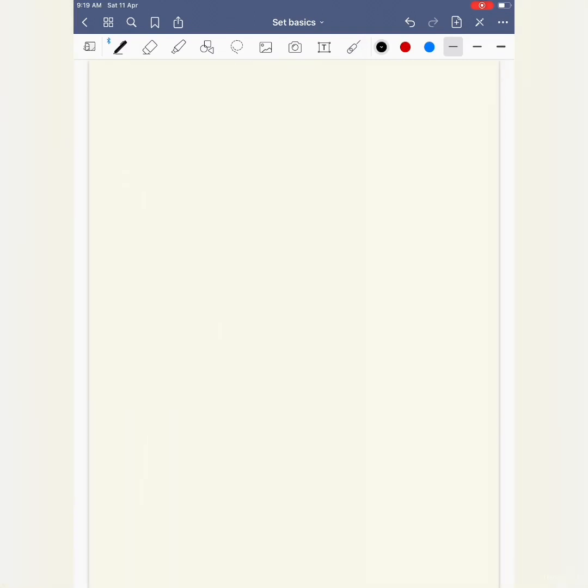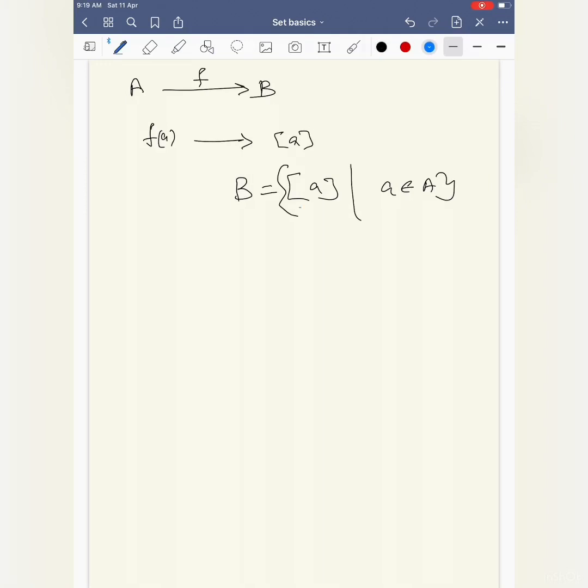So it's a set. Then I define the function from A to B by f of A goes to the class of A. This is surjective. Why? Because B is taken as the classes of A such that A belongs to A. So every element of B is represented by some element, meaning any element here is like some class of X, so you have a pre-image X. This function is also well defined, because if X equals Y then f of X, the class of X, equals f of Y, the class of Y, since both classes are equal.